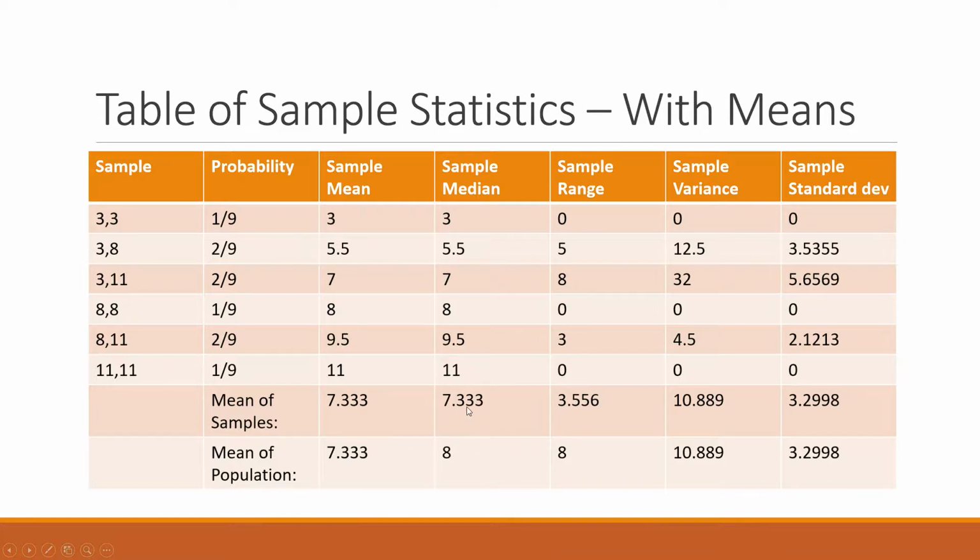The medians, the range, the variance, that lines up exactly as well. The sample standard deviations line up exactly as well. And if we had proportions like we did earlier, but again, the proportion of people who have bunnies is 100%, so sample proportions don't mean anything right here. But if we had sample proportions, that would line up exactly as well.